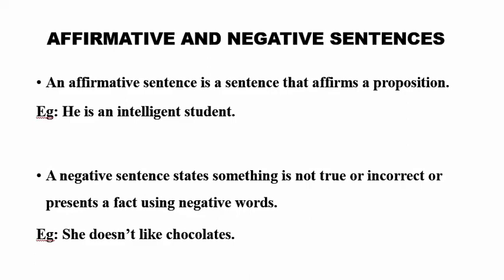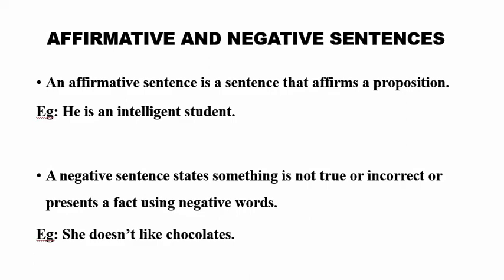And coming to negative sentences, a negative sentence states something is not true or incorrect or presents a fact using negative words. That is, it negates the proposition. For example, we say she doesn't like chocolates or he doesn't play, they don't want to go home.